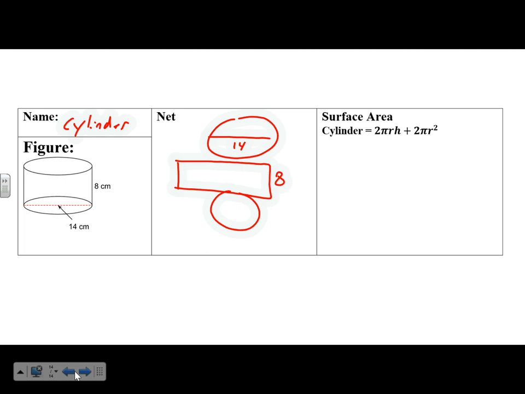We could have found the area of this first circle as pi r squared. So it could have been pi times 7 squared. But then to find this top length, it's the circumference of the circle. So you'd have to find the circumference.